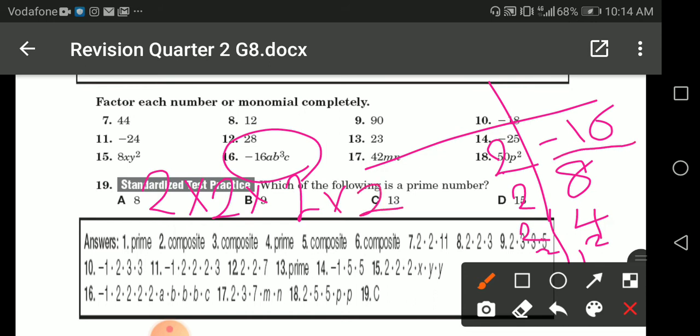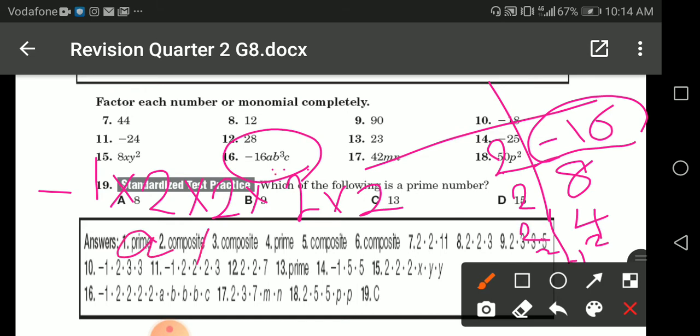We have here, remember, negative. When you have this negative, write here negative 1, because we have here negative. Okay, so after that, remember we have here ab^3c. I have here 1 a. How many b?